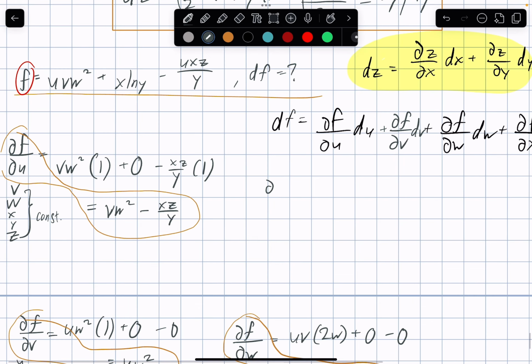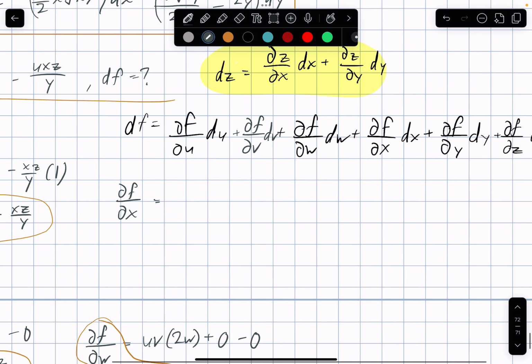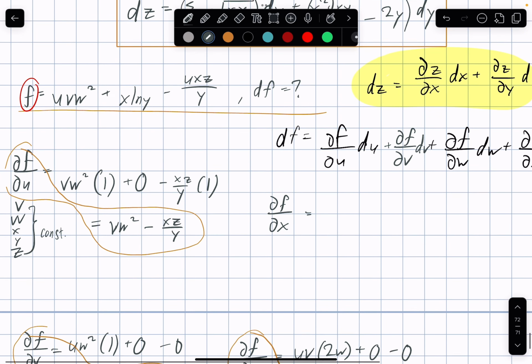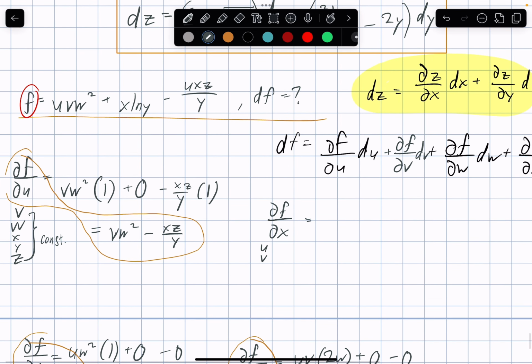Next, partial f over partial x. So u, v, w, y, z are all going to be constants. Everything except x. So this becomes 0.